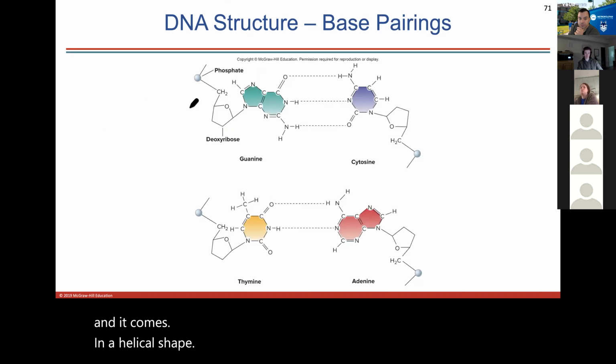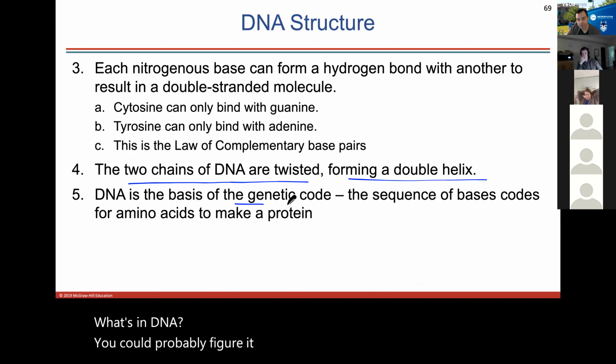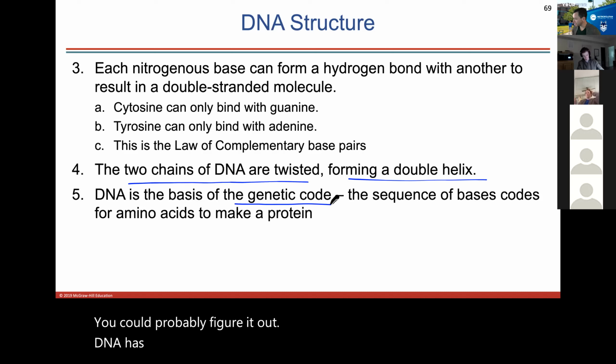Double-stranded. What's in DNA? You could probably figure it out. DNA has the instructions for which everything is made in your little body.